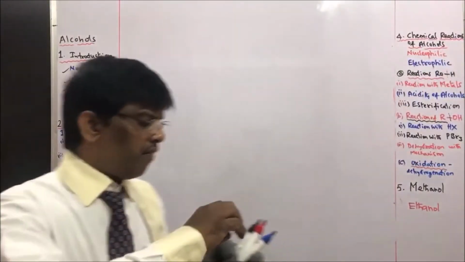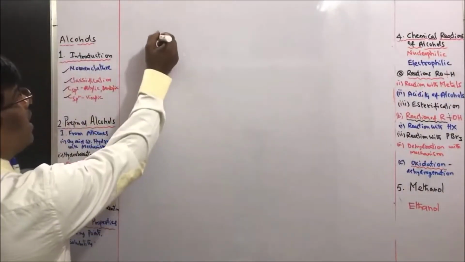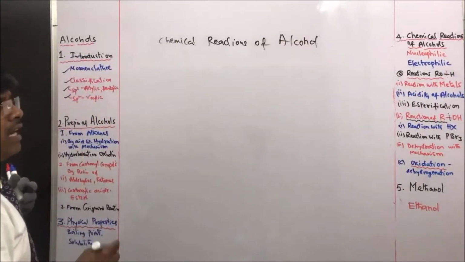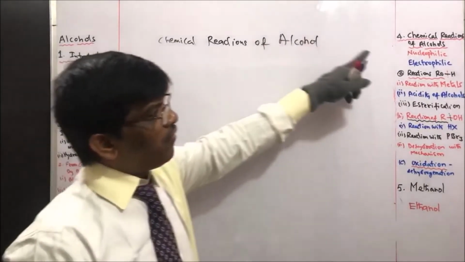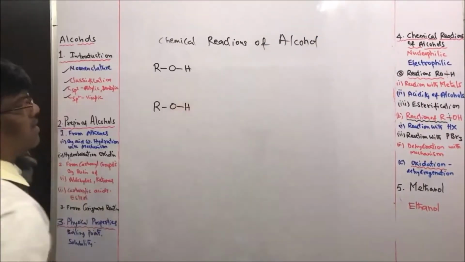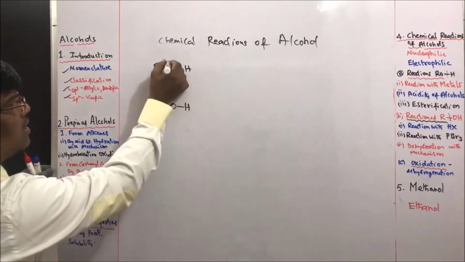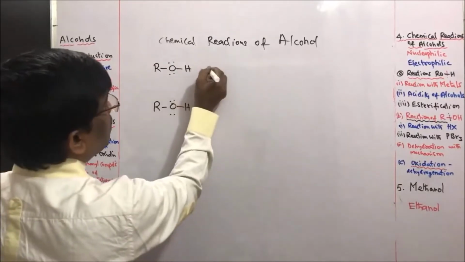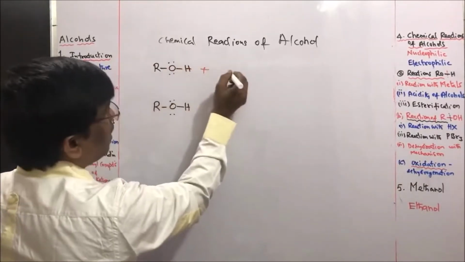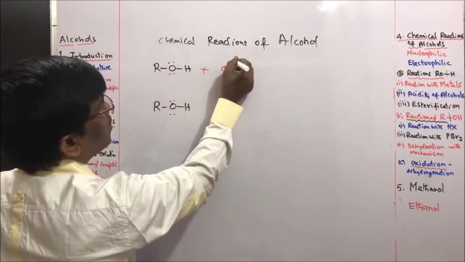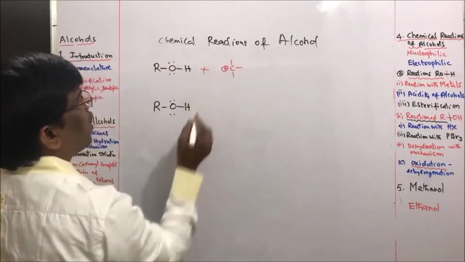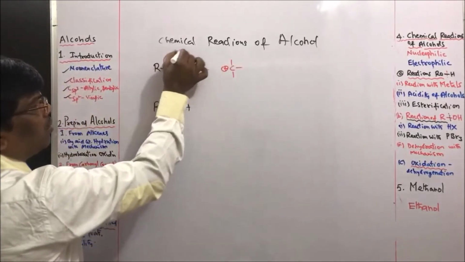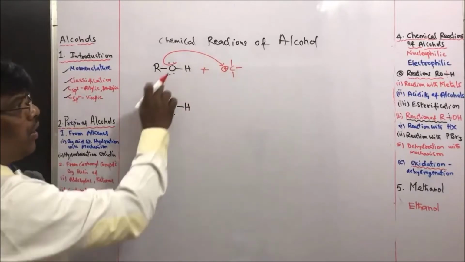Chemical reactions of alcohols can be broadly divided into two types, where it is going to act as a nucleophile and as an electrophile. So this is alcohol, this is alcohol. When it uses its lone pair electrons to react with a carbocation, it is going to act as a nucleophile.